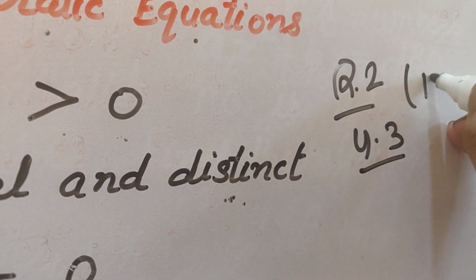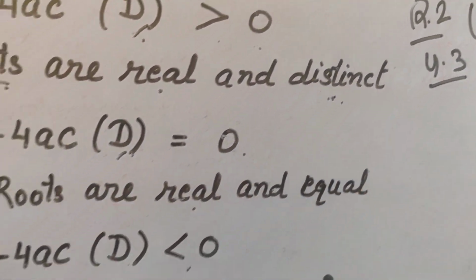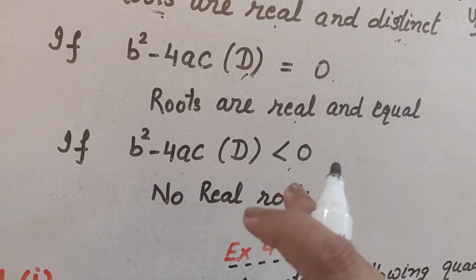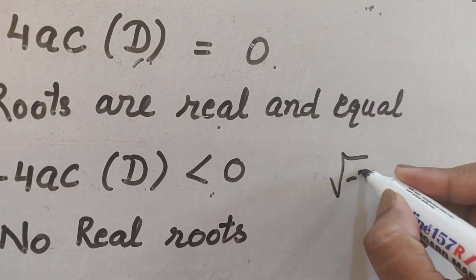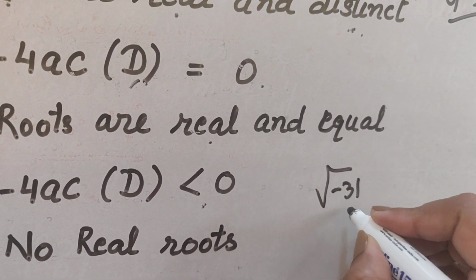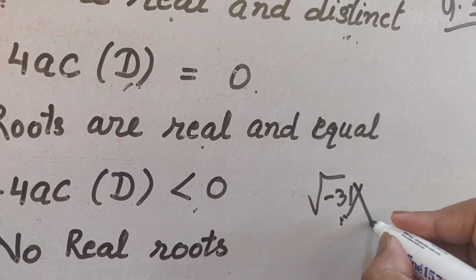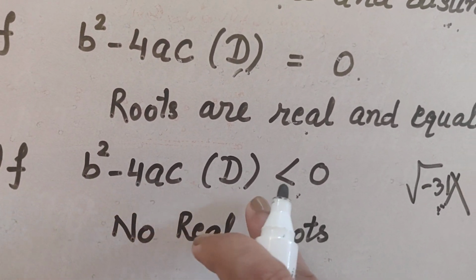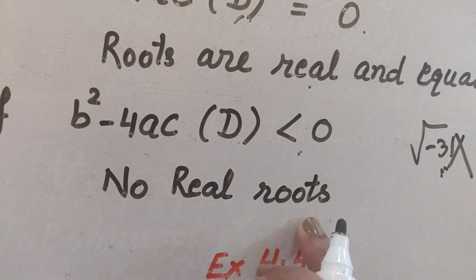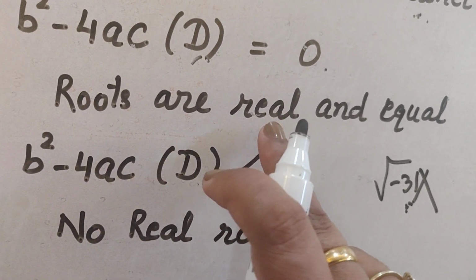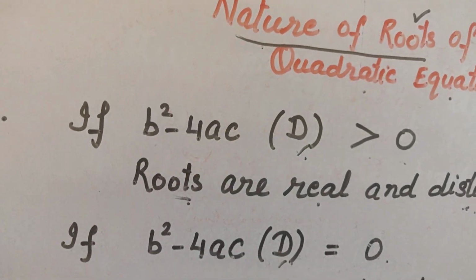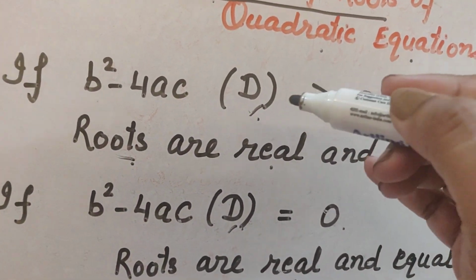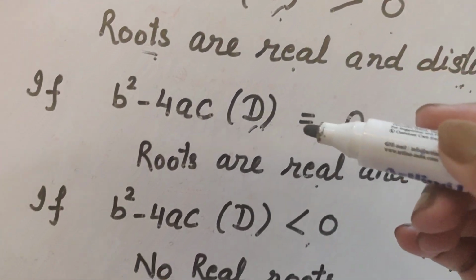There you had noticed that you got minus 31 as D, and you said we cannot find the square root of minus 31, so we are not able to find the answer. So if D is less than 0, that would mean no real roots. So this is the nature of root. When the question comes, what is the nature of root? That would mean that you have to find D there.